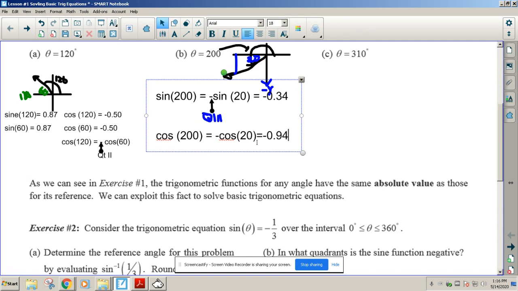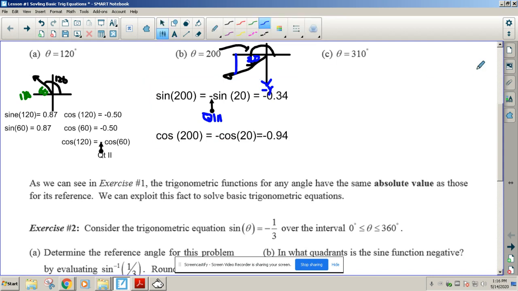So you should maybe try to pause the tape right now and do C without me. If I do C right now, C is 310 degrees. 310 degrees will land me all the way in quadrant 4. Now, in quadrant 4, again, sine is negative because y is negative. But x is positive and cosine is the x.